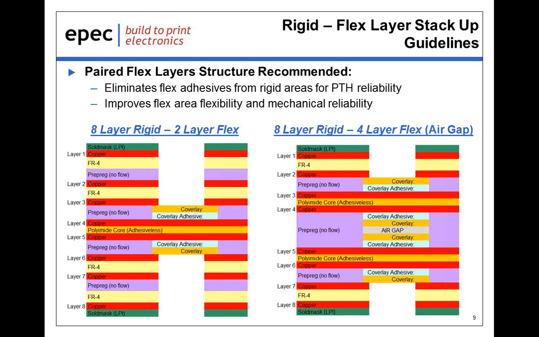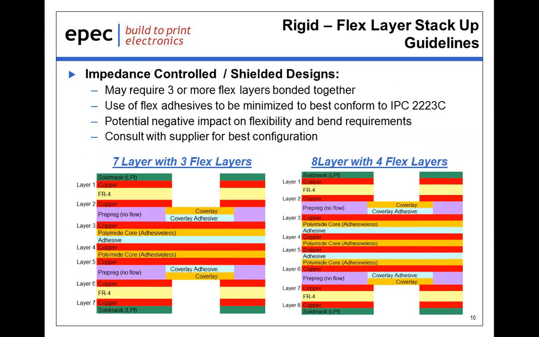Having said that, not all designs will allow that, and specifically we encounter this on impedance-controlled designs or designs that require shielding in the flex area. In most cases, it requires either 3 or more flex layers to be bonded together to meet the ultimate design requirements of the specific part.